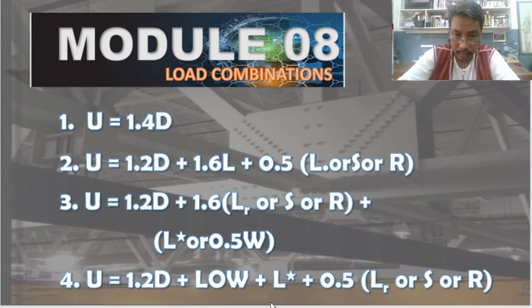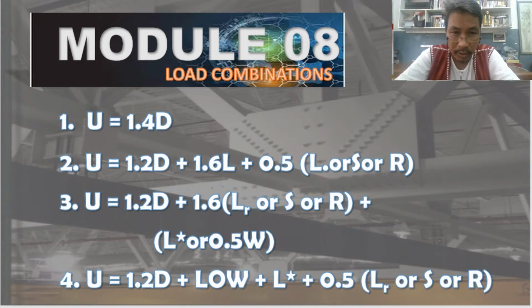So this is included in the third equation, live load or wind load. Meaning the load factor of live load on equation number 3 is 1 and the factor for wind is 0.5.